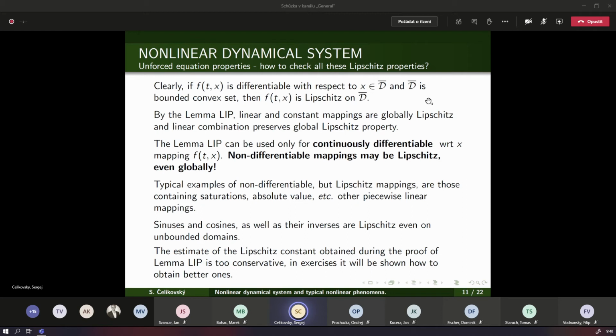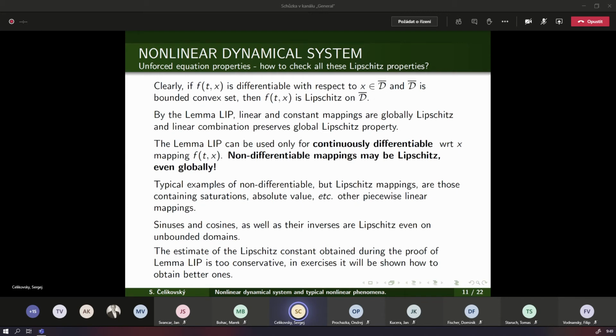Why? Because simply, if the right-hand side is differentiable, this means that it is continuously differentiable, so its partial derivatives are continuous functions, and you may remember that a continuous function on some bounded set, or better to say on a compact set, which in the case of Rn is a bounded and closed set, has a finite minimum and finite maximum.